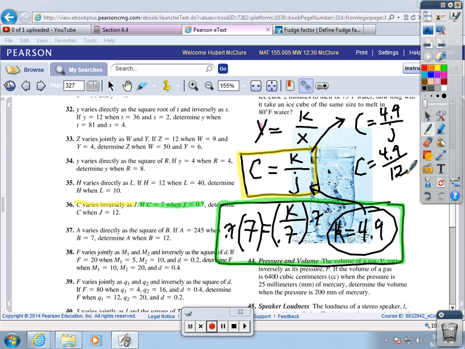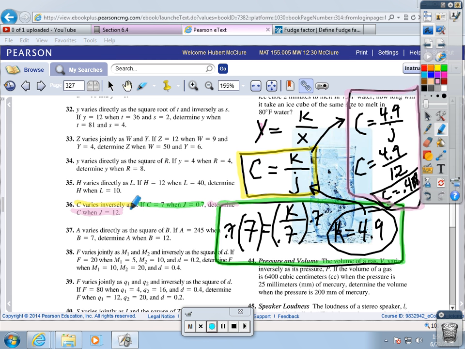Somebody do that for me. 4.9 over 12, I just want a decimal. 0.408. 0.408 is good. And all of this is mauve, and that is this right here.